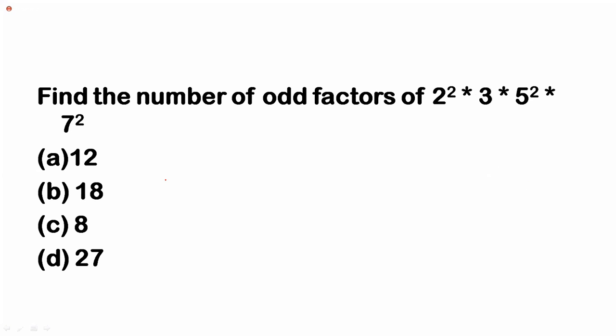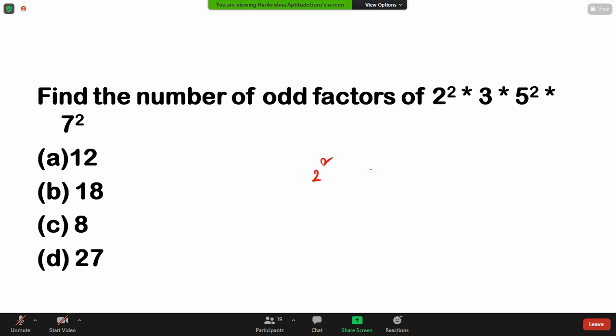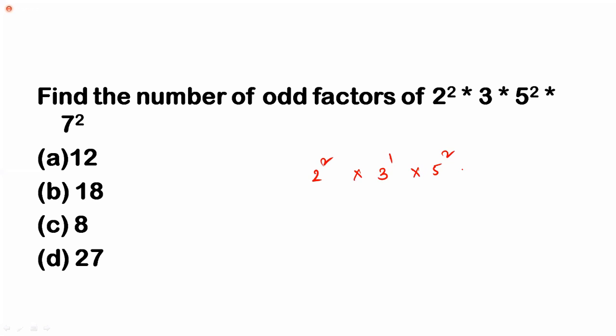Look at the next question. Tell me the answer. What is the number of odd factors here? 2 power 2 into 3 power 1 into 5 power 2 into 7 power 2.